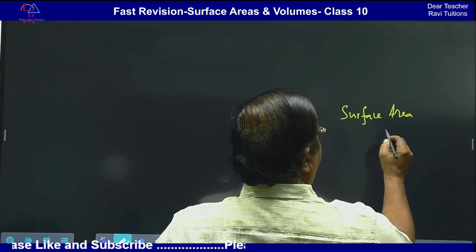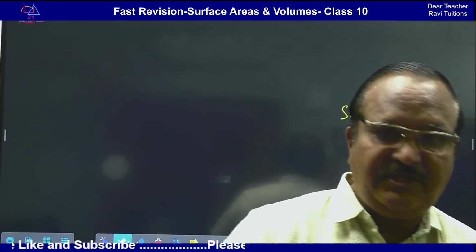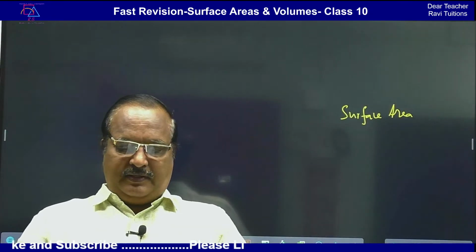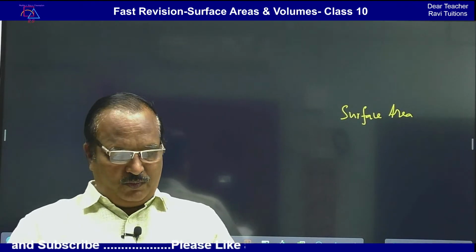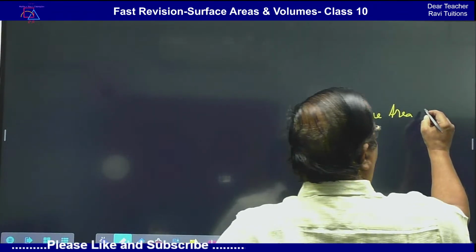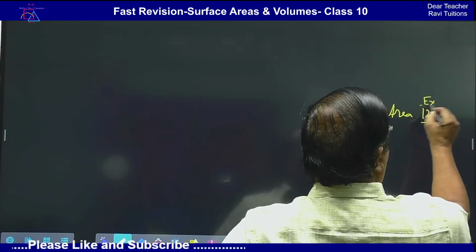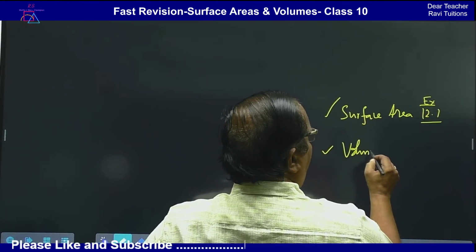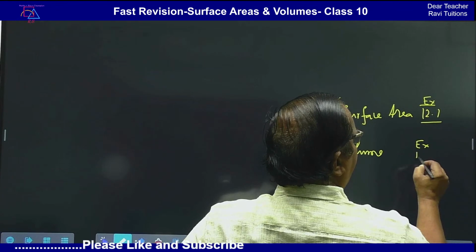That means the first exercise is done and we are going to do the second exercise, that is volumes. The second exercise is completely about volumes. Exercise 12.1 was done in the last class. Now I am going to do volumes, exercise 12.2.